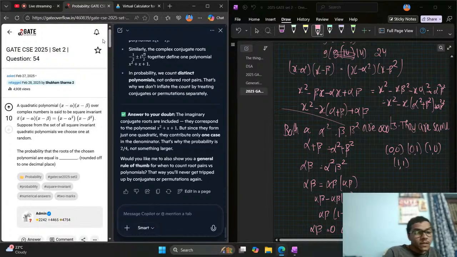A quadratic polynomial over complex numbers is said to be square invariant.